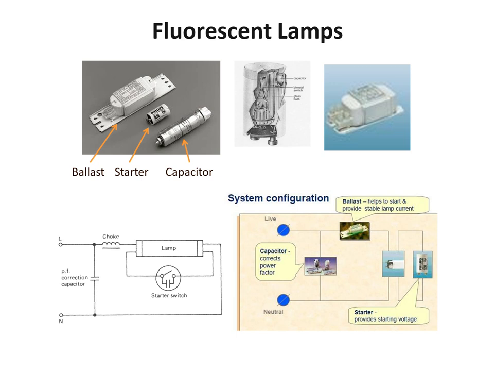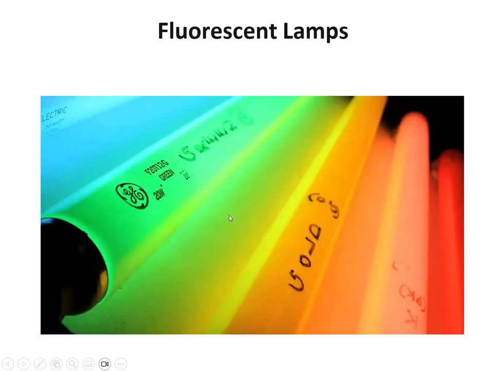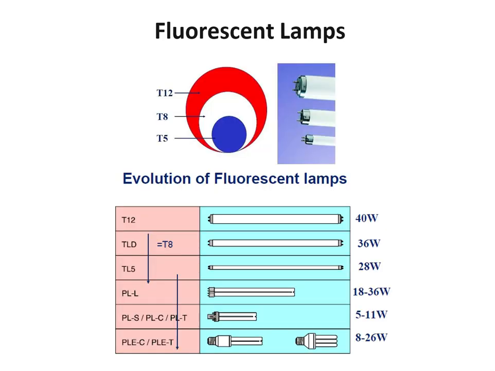Similarly for LED lights as well. Sometimes the light, although it has a very long lifespan, the transformer itself is the one that breaks down. Fluorescent light comes in many different colors that are available, so a lot of design opportunities there.